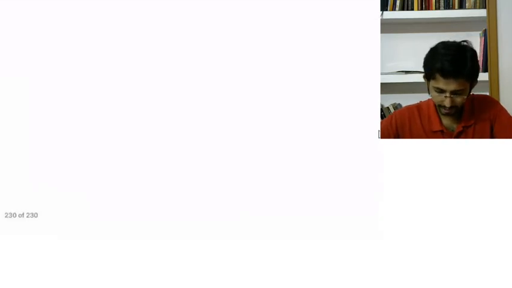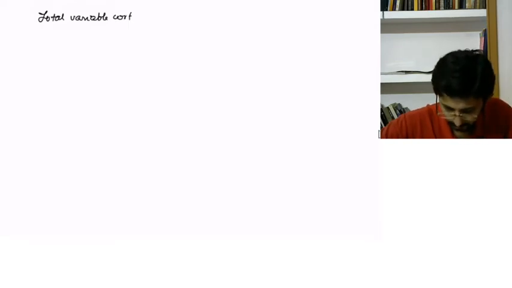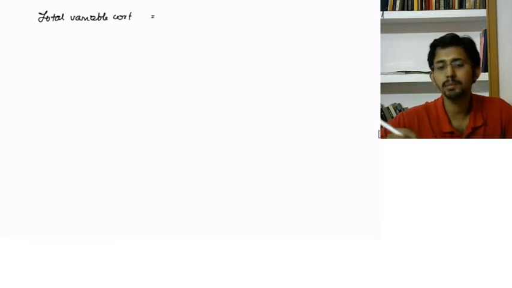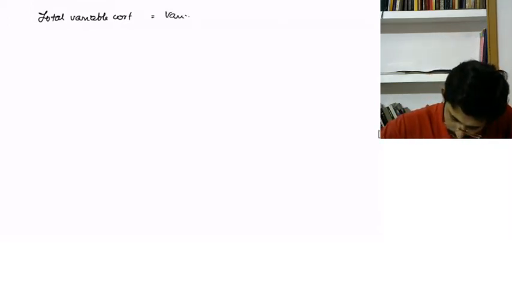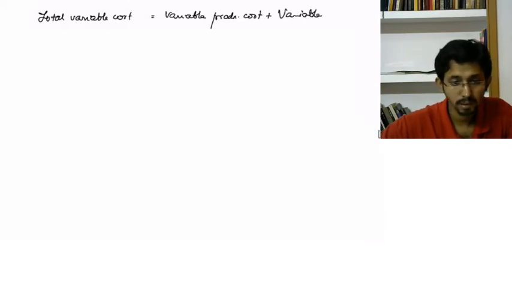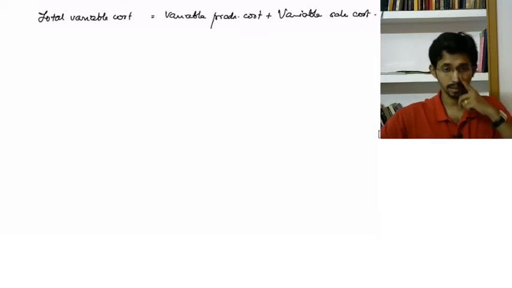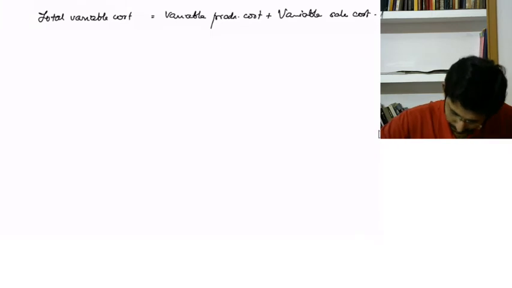So you can write here: total variable cost is equal to variable production cost plus variable sales cost. Am I right?